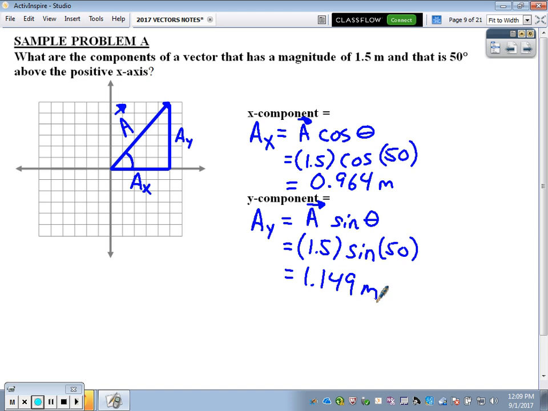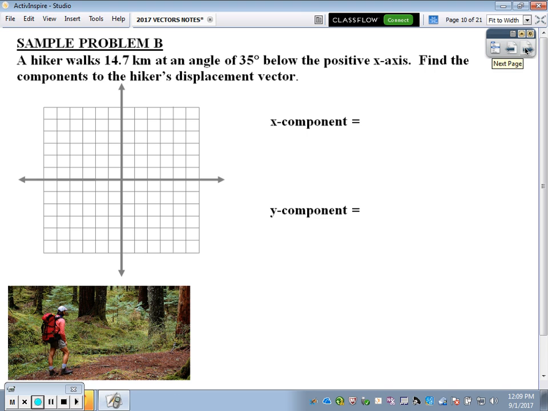Okay, so here's what I would like for you to do. We're going to do 3 more samples. Well, I'll have you do 3 samples, but we need to change the notation because we need to get used to seeing some different letters. Sample problem B, we will treat our hypotenuse as vector B. So what we'll be solving for would be bx and by.